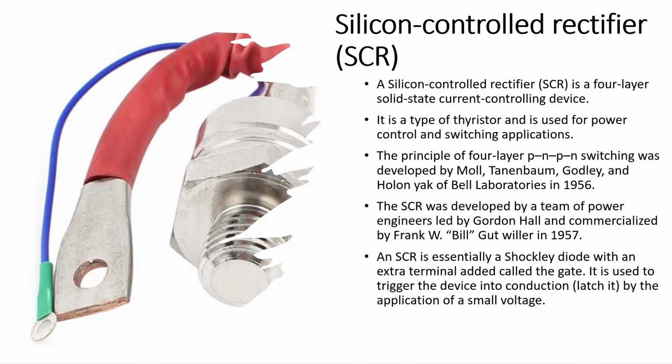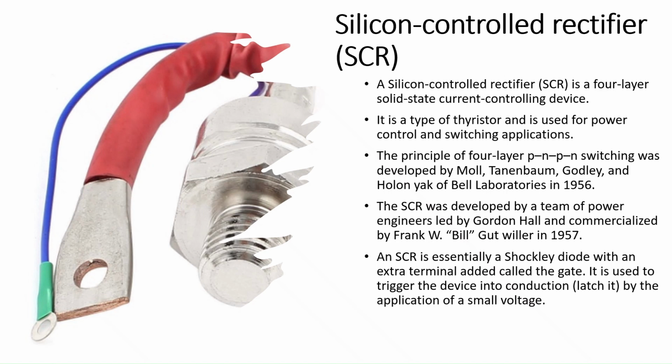A silicon-controlled rectifier, SCR, is a 4-layer solid-state current-controlling device. It is a type of thyristor and is used for power control and switching applications. The principle of 4-layer p-n switching was developed by Moll, Tannenbaum, Goldey, and Holonyak at Bell Laboratories in 1956.